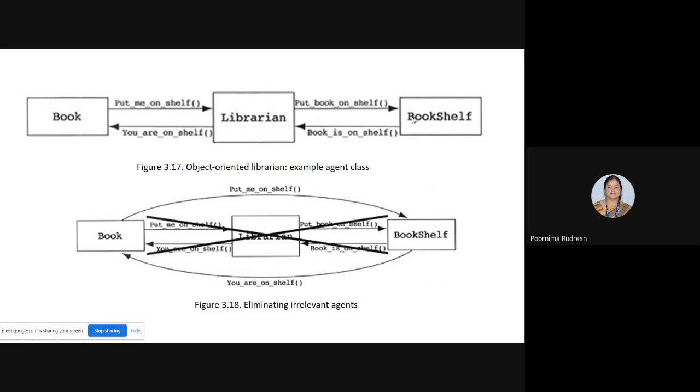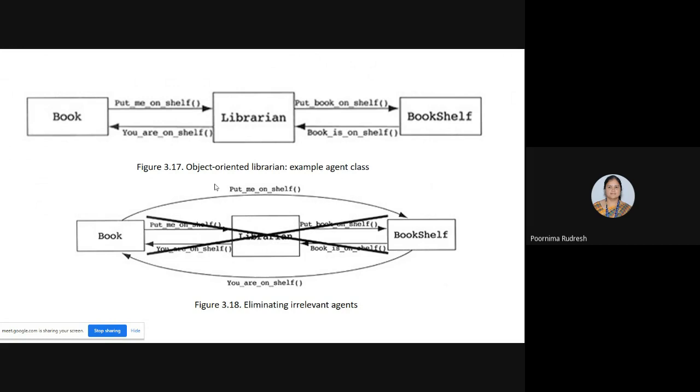If we are adding the additional responsibility only to the existing classes without using the librarian class, then what happens? The complexity of the book and bookshelf classes increases, because if we go on adding additional responsibility to these two classes, then it reaches one point where these two classes are not able to perform any functionality.